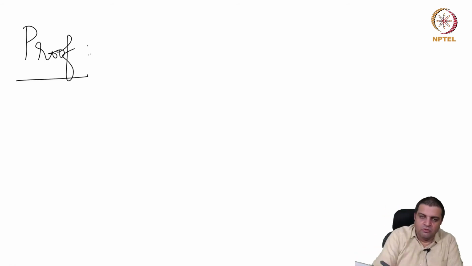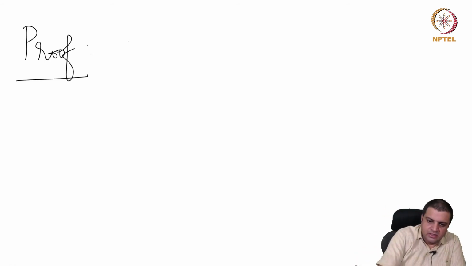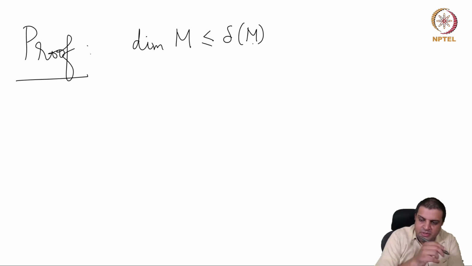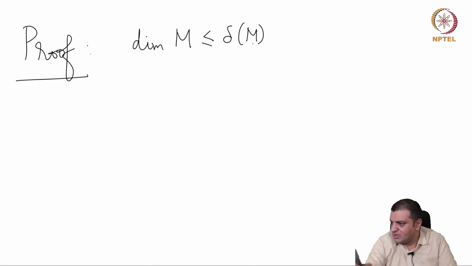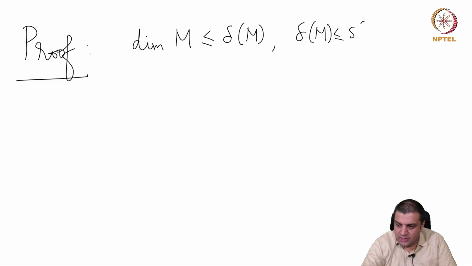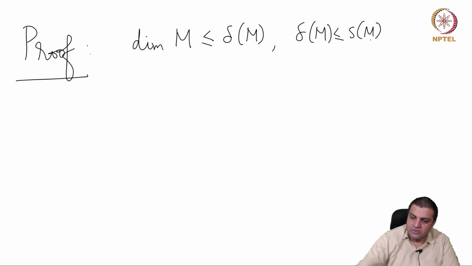Okay, so we will prove 3 statements, one of which we have already proved. We will prove that dimension of M is less than or equal to the degree of the Hilbert-Samuel polynomial, but the degree is independent, less than or equal to. We already proved that this is less than or equal to Sm.